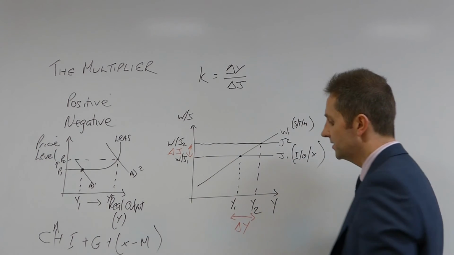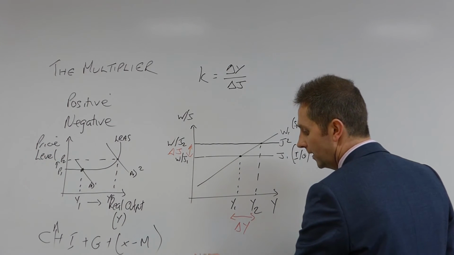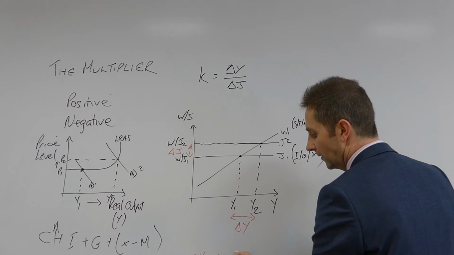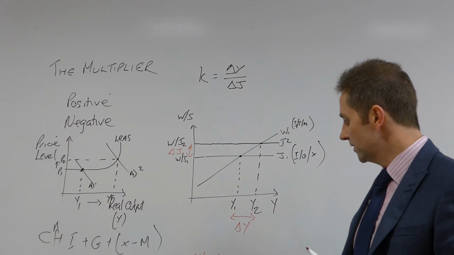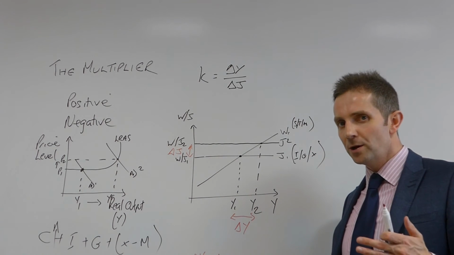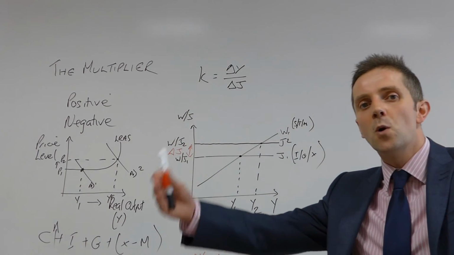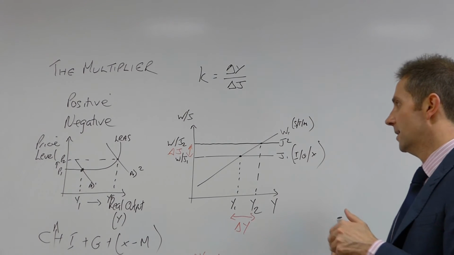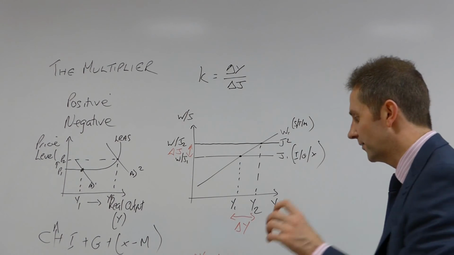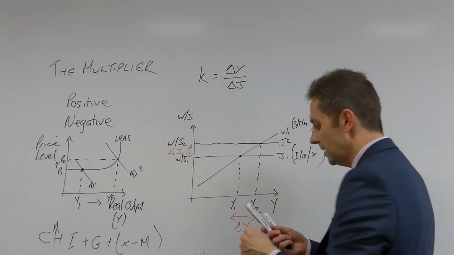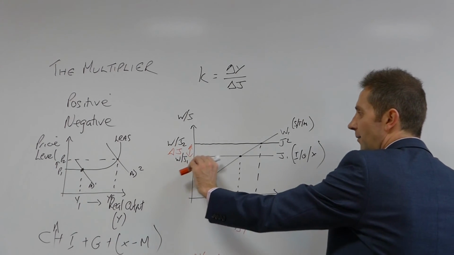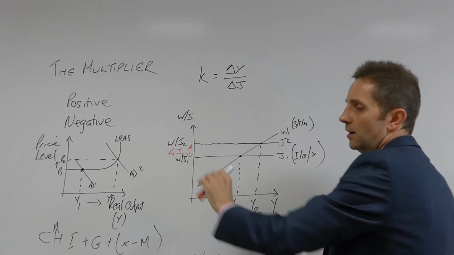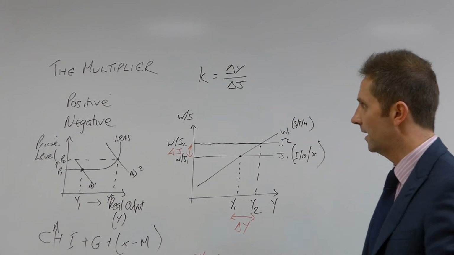And on this diagram you can see that delta Y is greater than delta J. In other words, you've injected a small amount into the economy, and the economy has grown by more than that amount. That perfectly explains the multiplier. Now, if you really want to exacerbate the difference between delta Y and delta J, then just make sure that you draw a very elastic withdrawals function, and that will explain it.